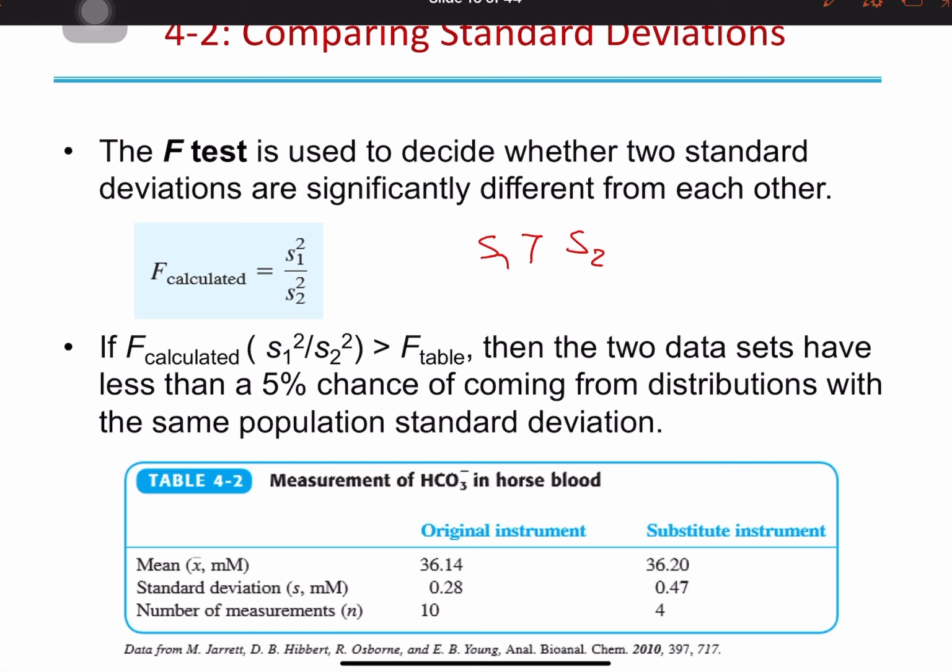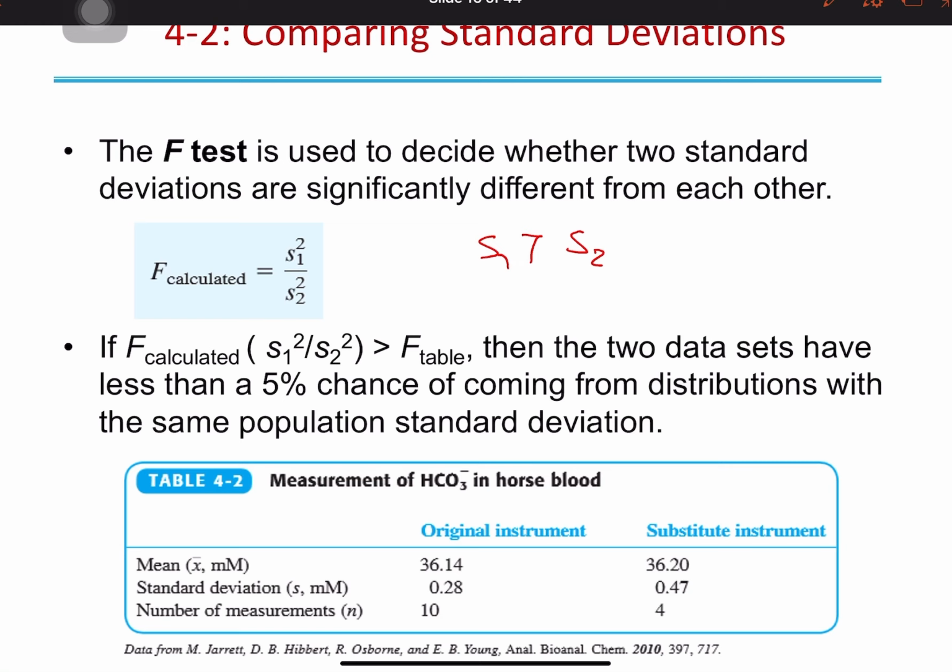So if the F calculated is higher than the F from the table, that means that the two standard deviations are significantly different from each other.